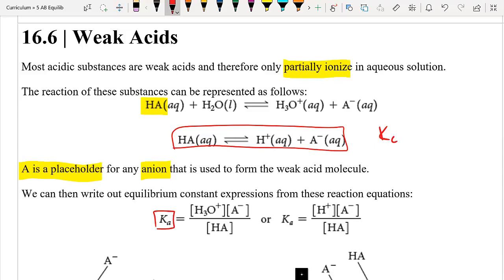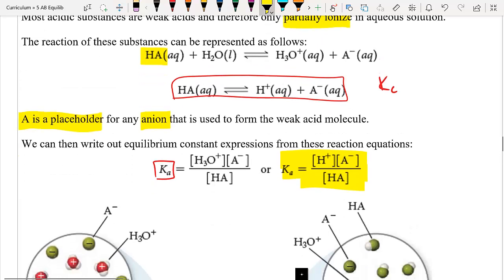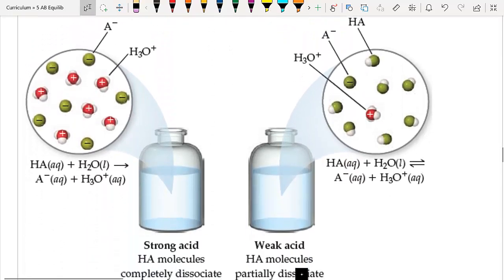Now, we can express that Ka with the hydronium or with the hydrogen. I'm going to focus once again on the simpler of the two. We're just going to say Ka is the hydrogen ion concentration times the anion concentration divided by our molecular acid molarity.